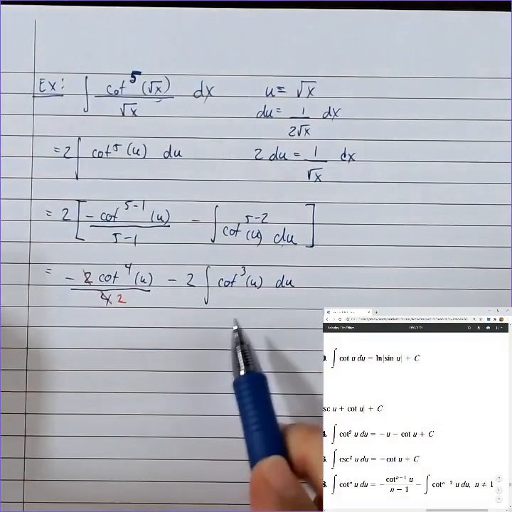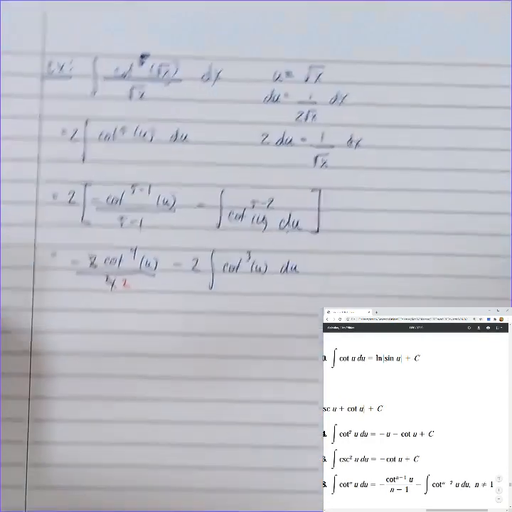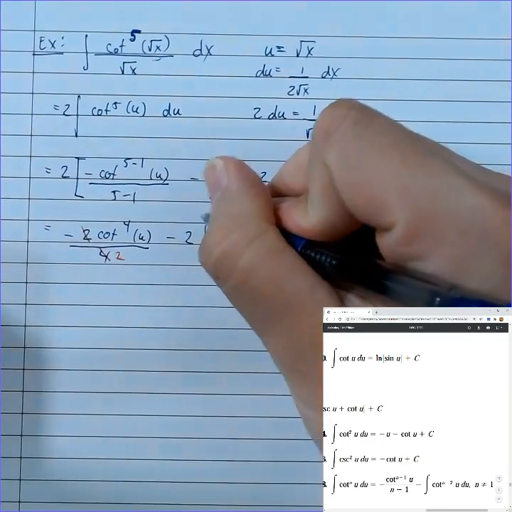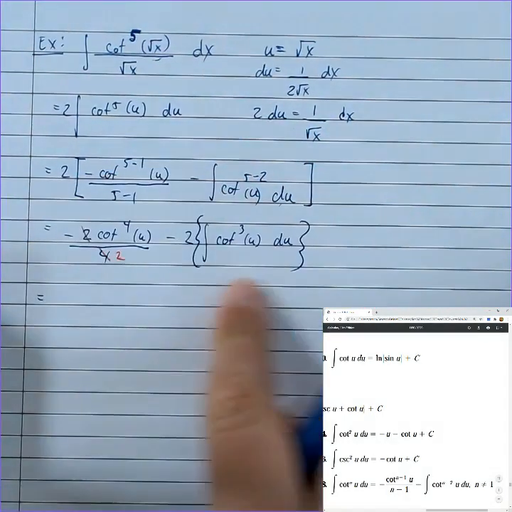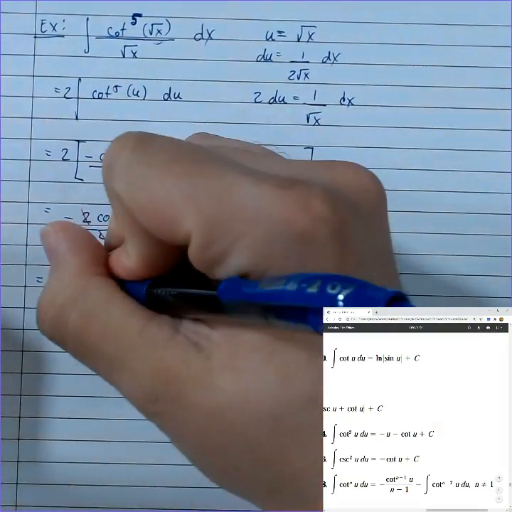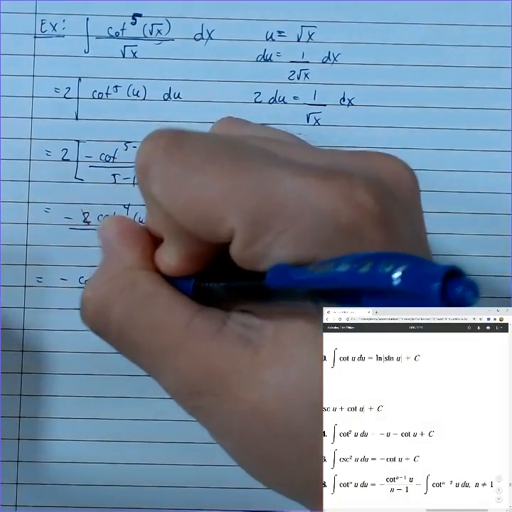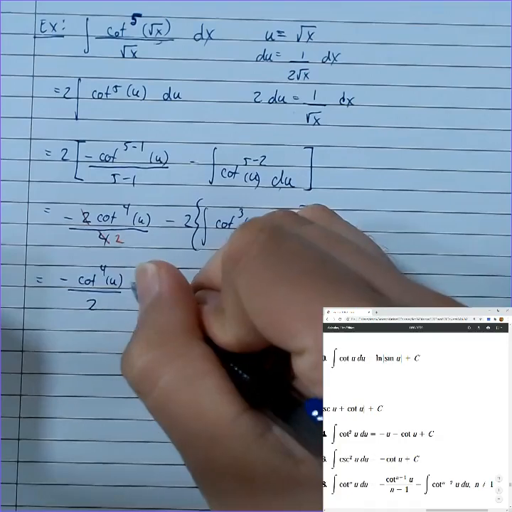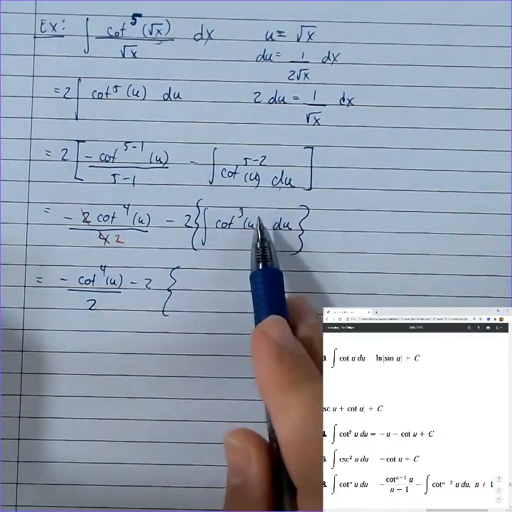But notice that now I can use my reduction formula, in fact the exact same reduction formula again. So let me just take this right here and resolve just this part using a reduction formula. Here I'm just going to rewrite that stuff. That's negative cotangent to the fourth of u over 2, minus double, and I'm using a reduction formula on this.